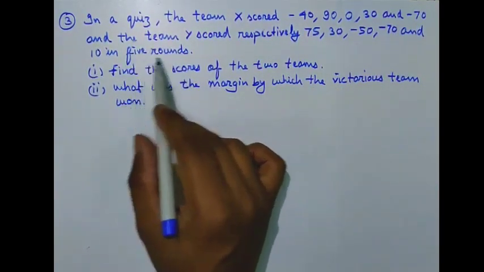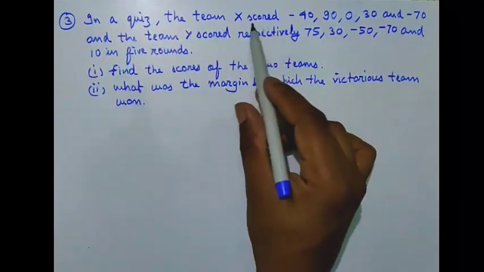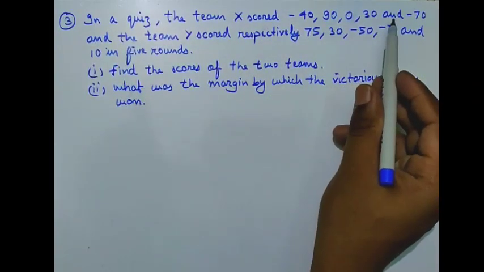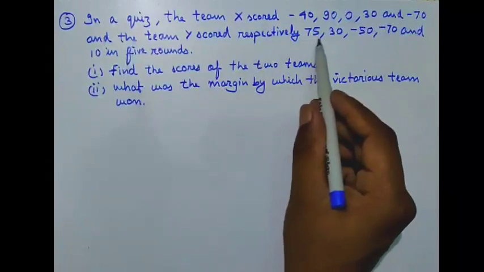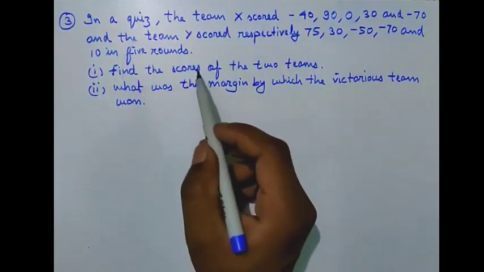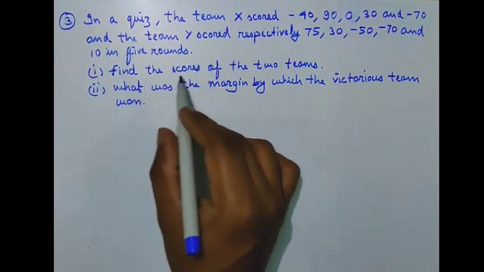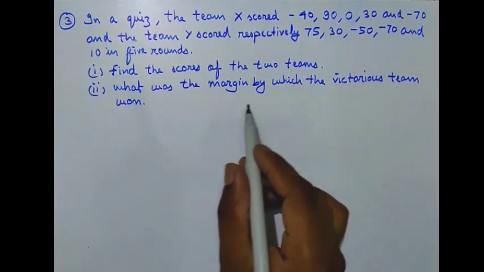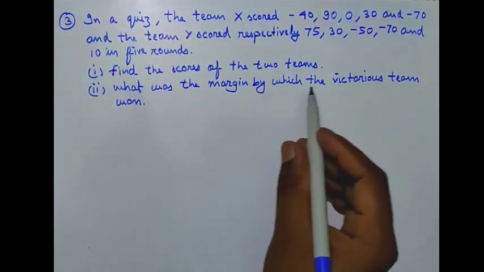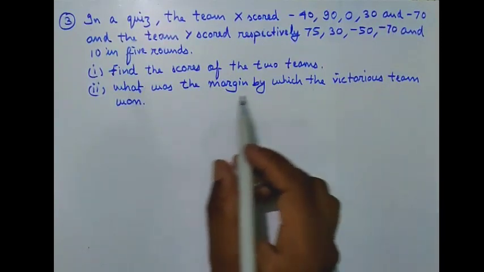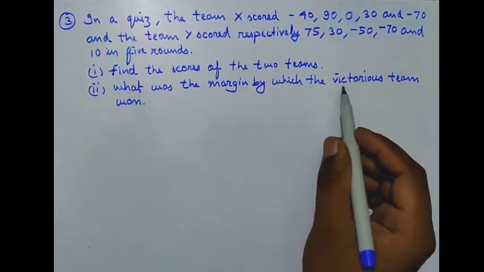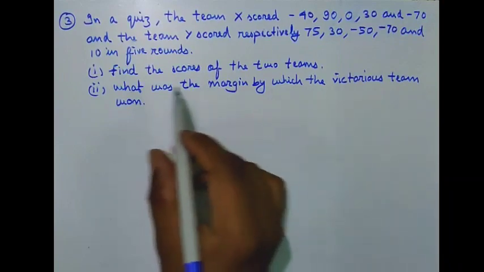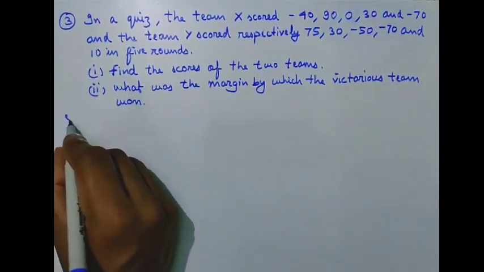So overall there were 5 rounds in a quiz, and these were the scores of team X, and these were the scores of team Y.